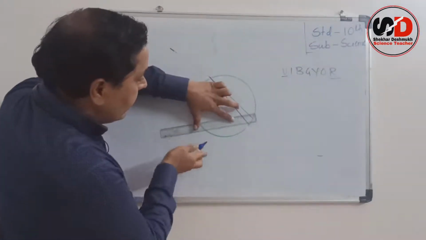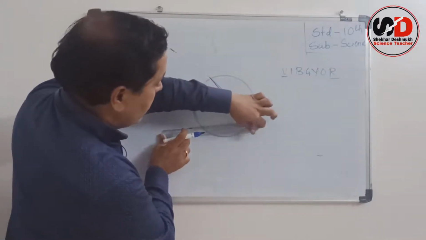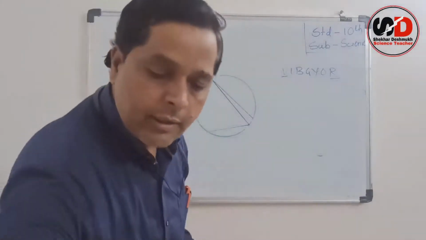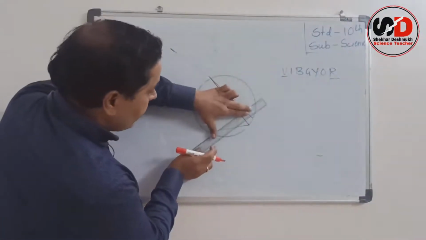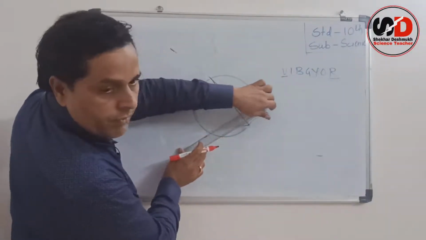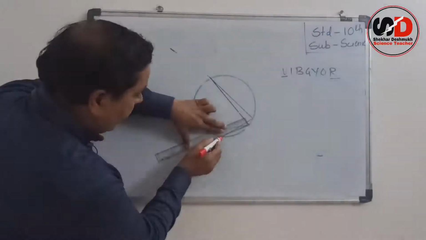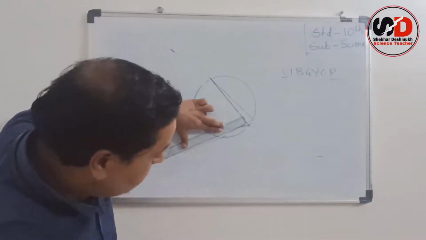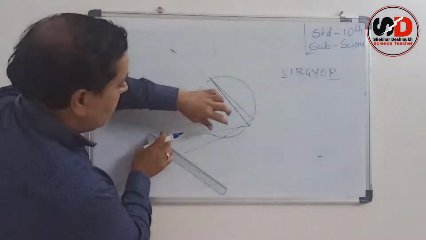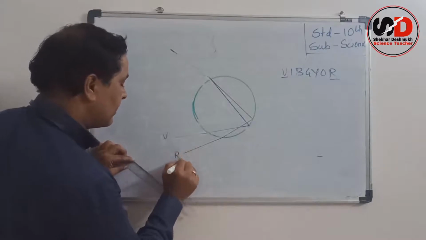That means it gets reflected from here. And while coming out, again refraction takes place from this point. And we can say this is violet and this is red colored light.